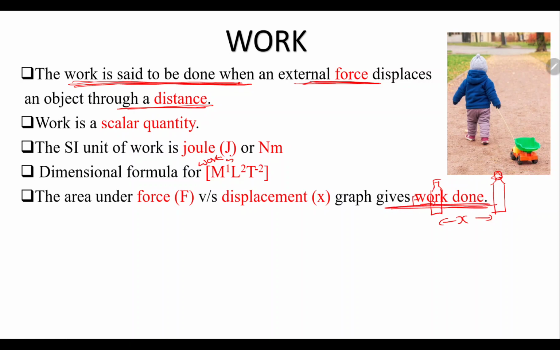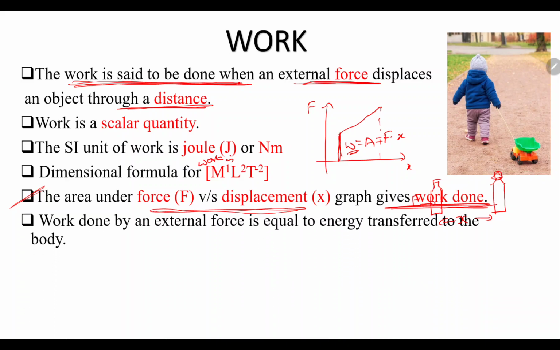This is a very important one. If I plot a graph of force versus displacement and get a graph like this, the area under it gives you work done, which is calculated by multiplying force with displacement. This is very important for 1 mark, especially for the board examination.